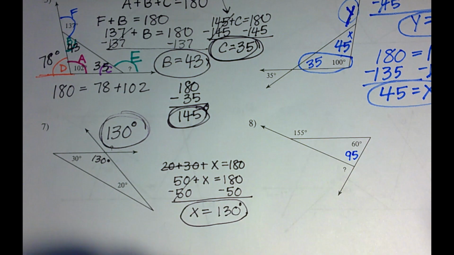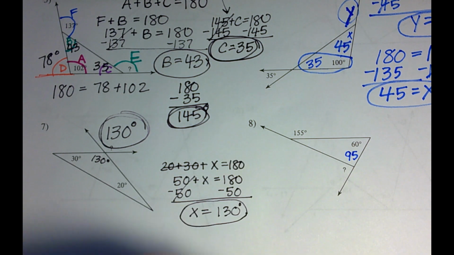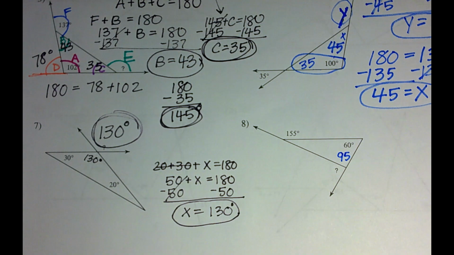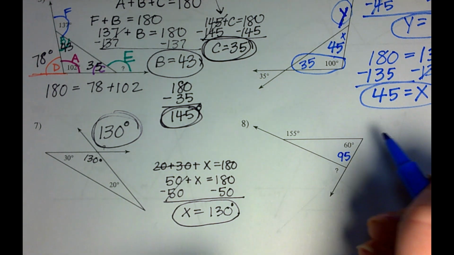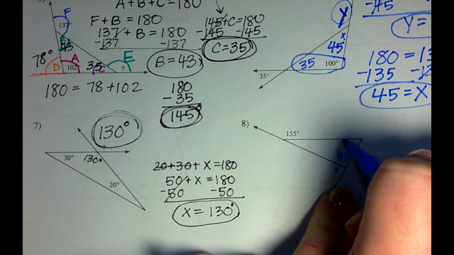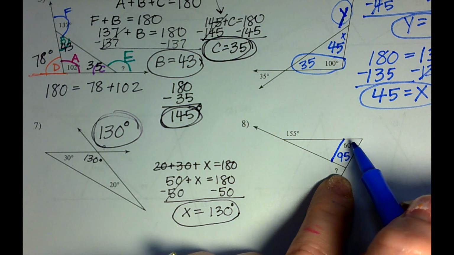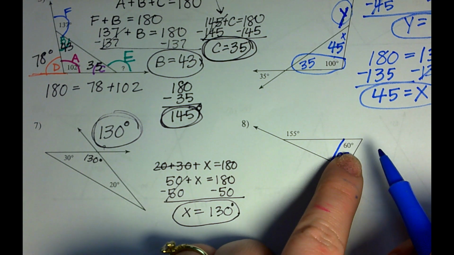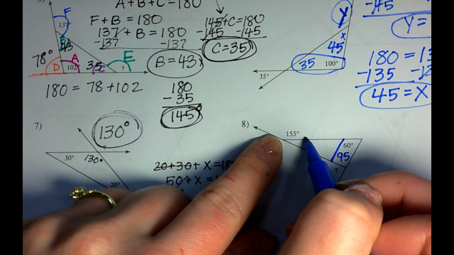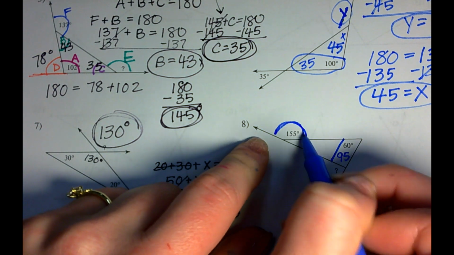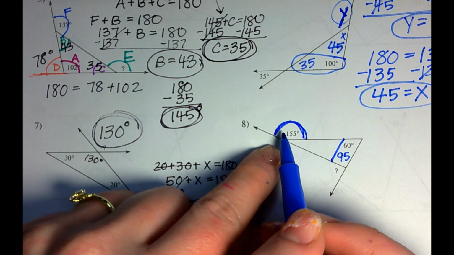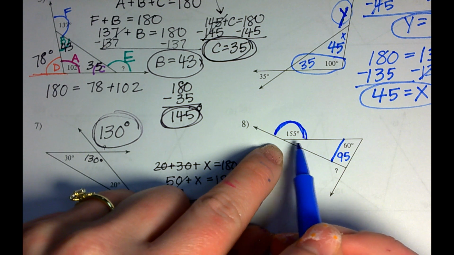My mind is blown. Okay, so if you're like, what just happened? The pattern that we just discovered is these two interior angles, when you add them together, they equal whatever the exterior angle is that's adjacent to this missing angle here.